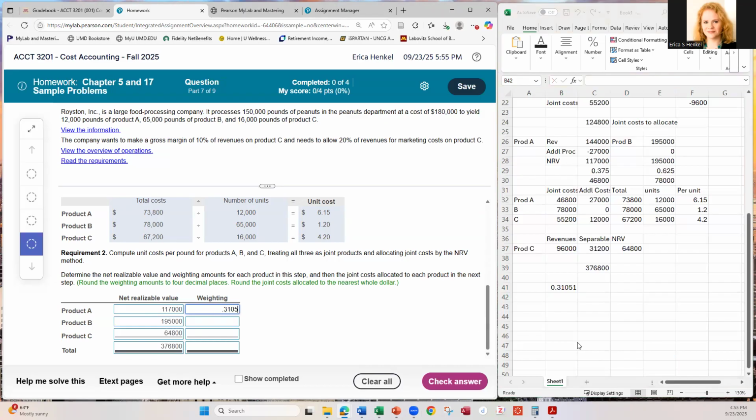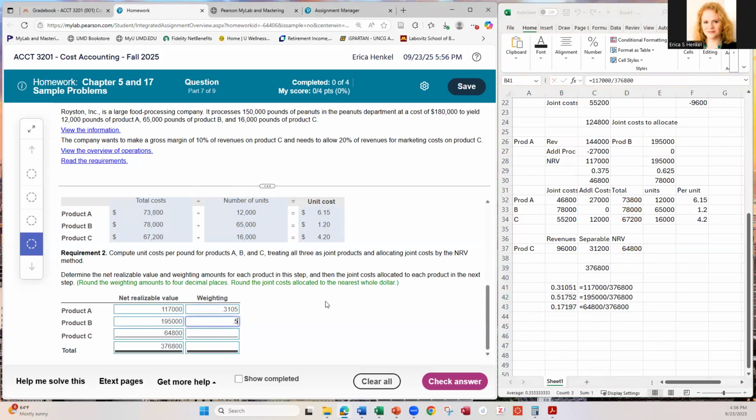We're going to 4 digits. $195,000 times that total. And the 64,800 divided by the total. And if we highlight all three, they add up to 1. All right, so we're in good shape here.